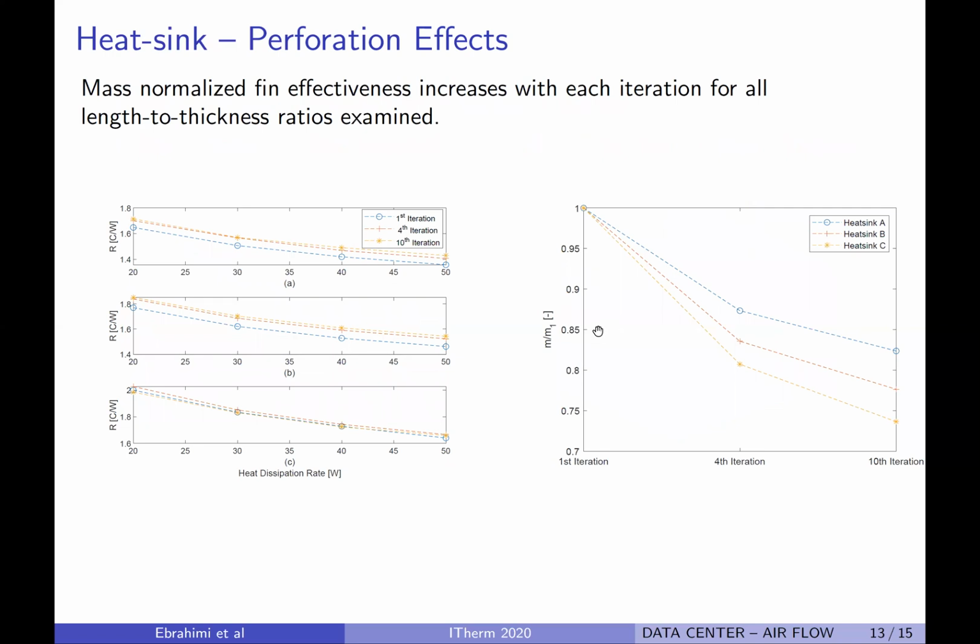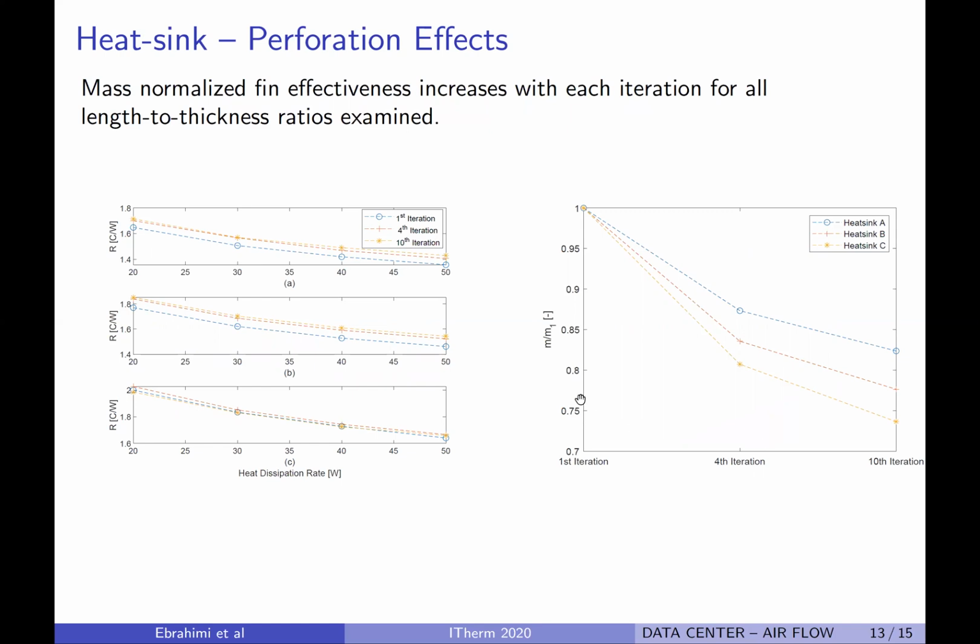This slide shows the major results. On the left, we can see the overall heatsink resistance. We increased the heat dissipation rate from 20 to 50 watt in 10 watt increments. As you see, for all three heatsinks, the behavior is the same. For the thicker fins, you see that the heatsink performance deteriorates only 1 to 2% for the fractal iterations of 4 and 10.